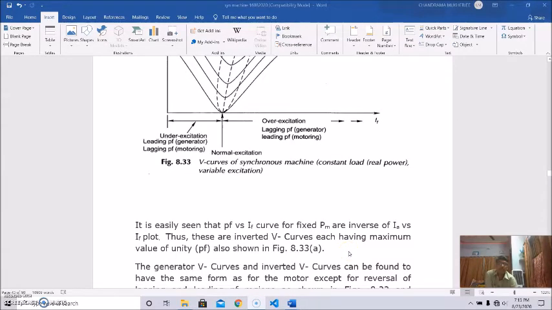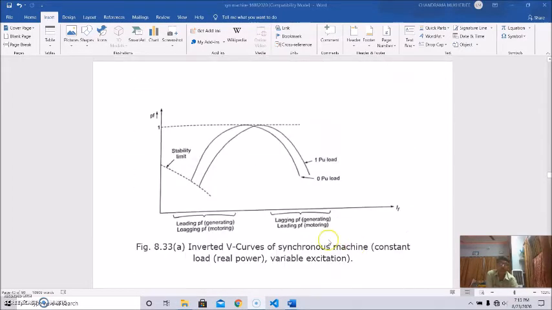The power factor versus field current curves for fixed mechanical power are the inverse of the IA versus IF plot, and these are inverted V curves having a maximum value of unity power factor, shown here.